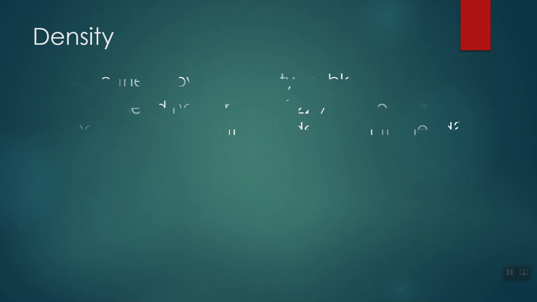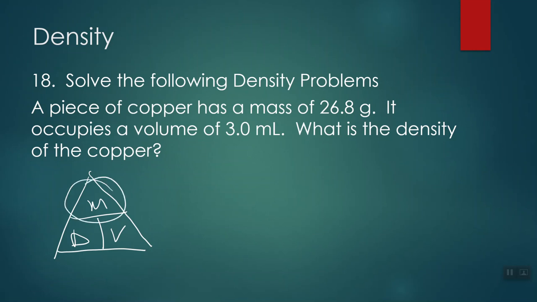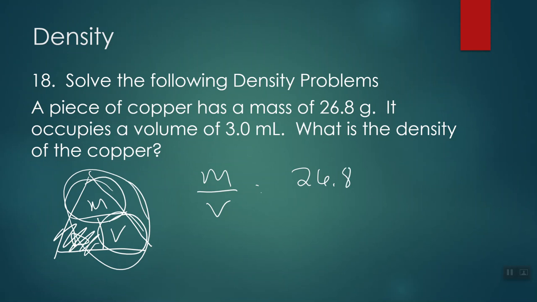That's all you do. You use your great triangle of science. But let's practice some more. A piece of copper has a mass. There they gave us mass. It occupies a volume. What is the density? Scratch away density. There it is. Mass over volume. 26.8 grams divided by 3.0 milliliters.